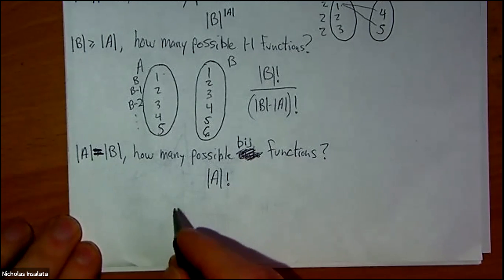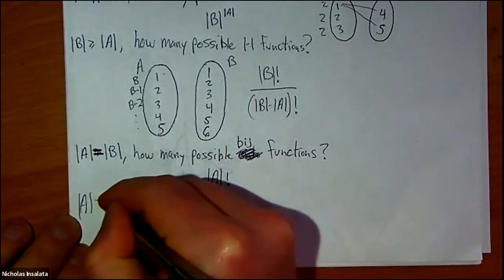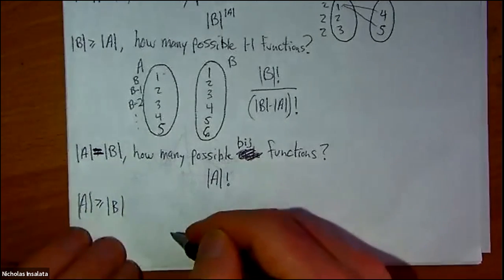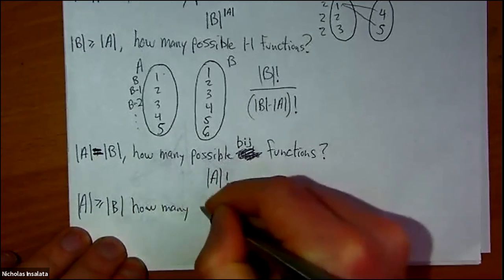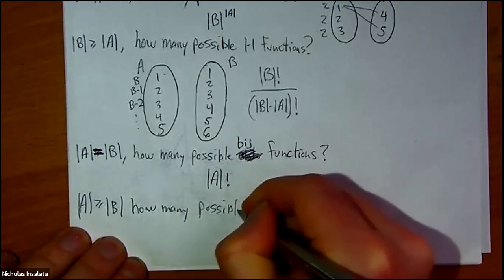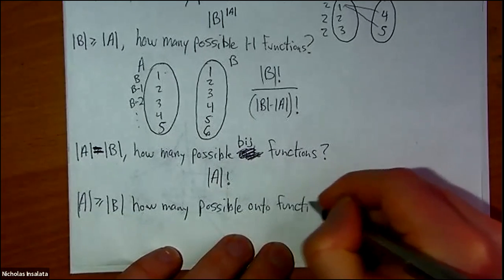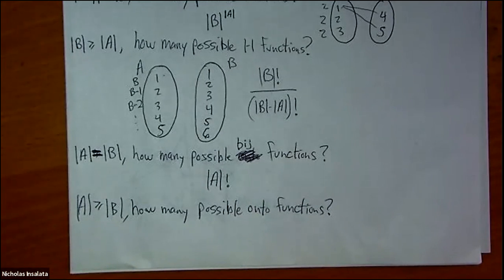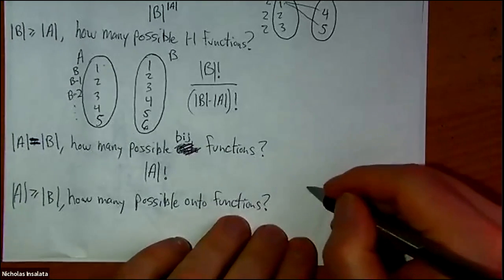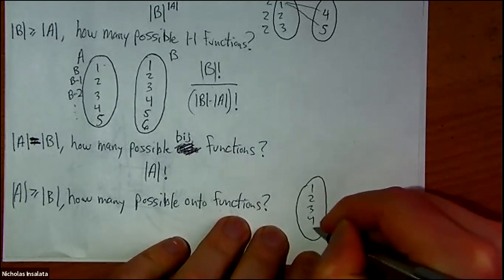Okay, so now let's try onto. So we'll say the size of A is greater than or equal to the size of B. How many possible onto functions? Okay, so let's make another little picture here. So now we have in A here, let's have 1, 2, 3, 4, 5.